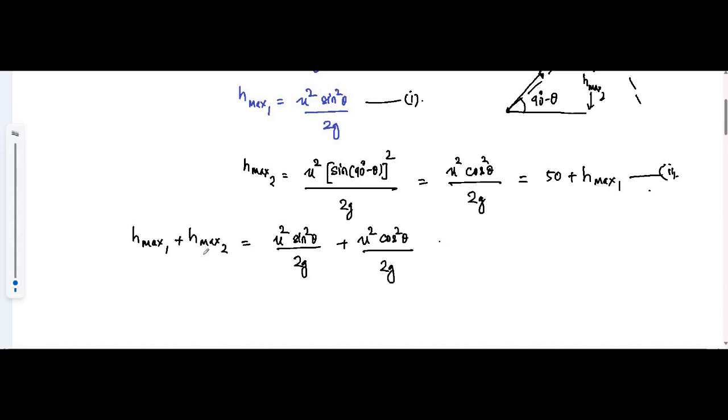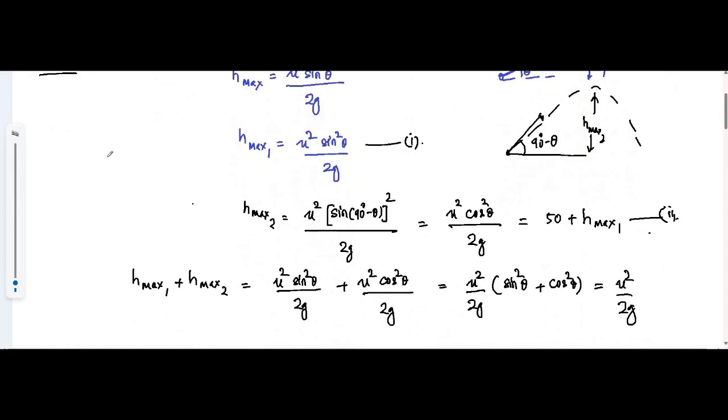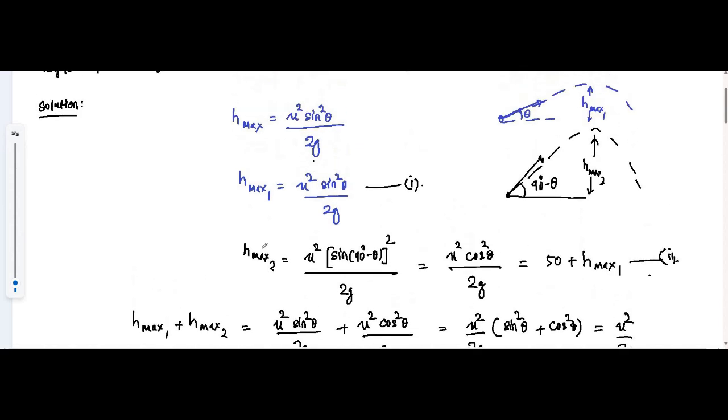So we'll have u square by 2g common, and then sine square theta plus cos square theta, which is equal to 1, so it is equal to u square by 2g. Again, in place of H max 2, we'll substitute 50 plus H max 1, because H max 2 is 50 meter higher than the maximum height achieved by the first ball.